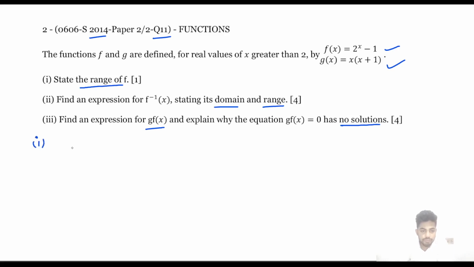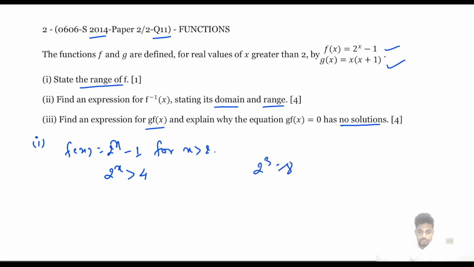The function f(x) is given as 2^x minus 1 for x greater than 2. So we need to find the range. When x is greater than 2, 2^x is always greater than 4. That means 2^3 is 8, and 2 to any power greater than 2 is always greater than 4.